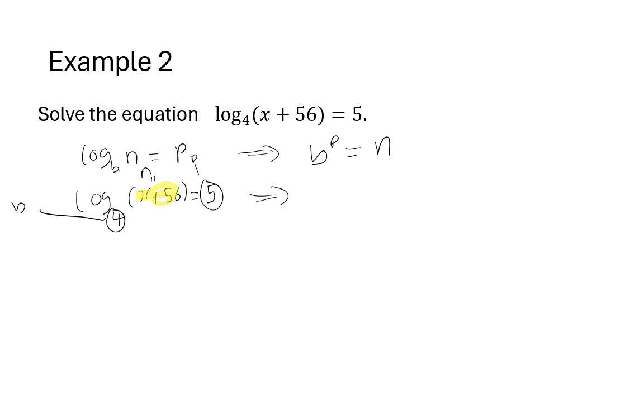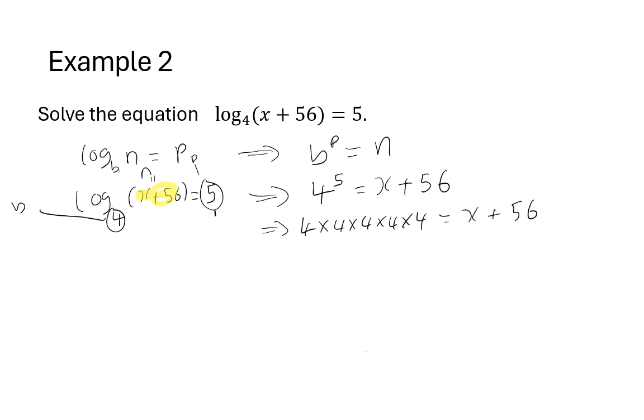So we can just write it as our base 4 and our power, which is 5, is equal to x plus 56. Now this one we can just write as 4 raised to the power 5, which is 4 times 4 times 4 times 4 times 4, that is 5 times, is equal to x plus 56.